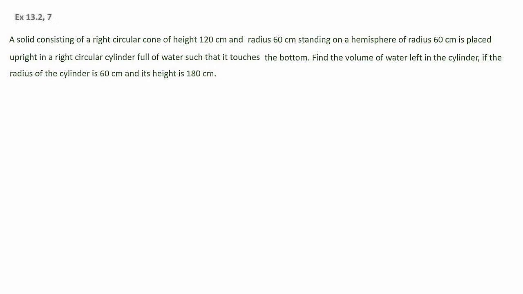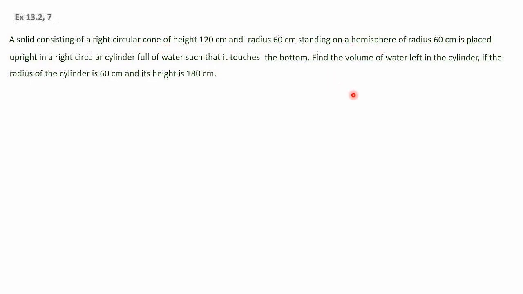Let's go through the question and identify the given conditions and the given shapes. A solid consisting of a right circular cone is given to us, dimensions are given, standing on a hemisphere, dimensions are given. So here the solid consists of two shapes. One is a right circular cone standing on a hemisphere.